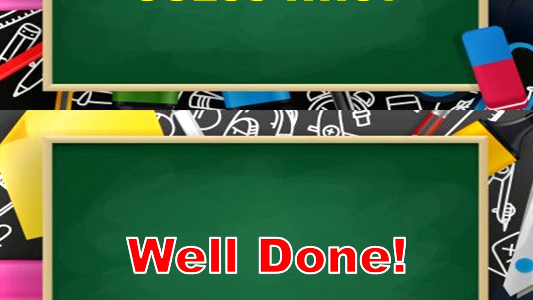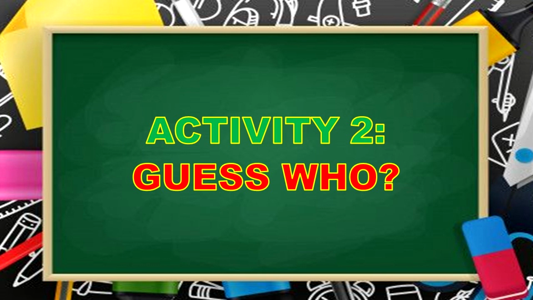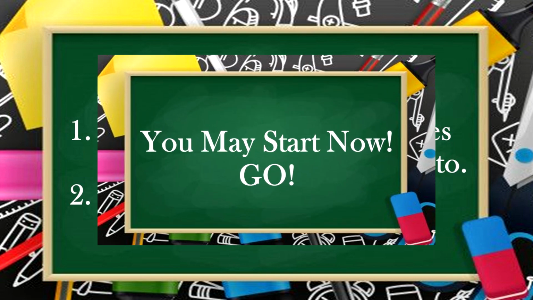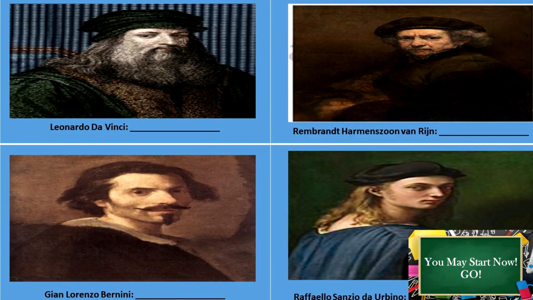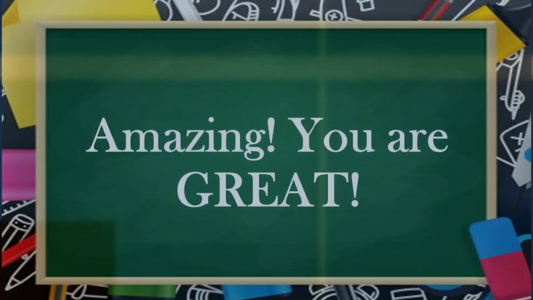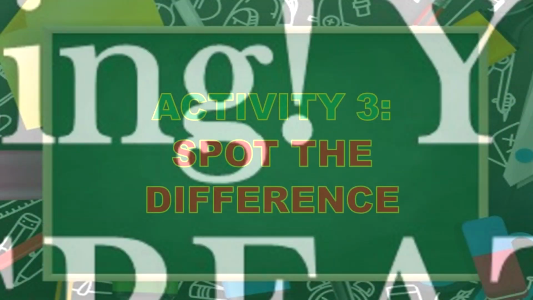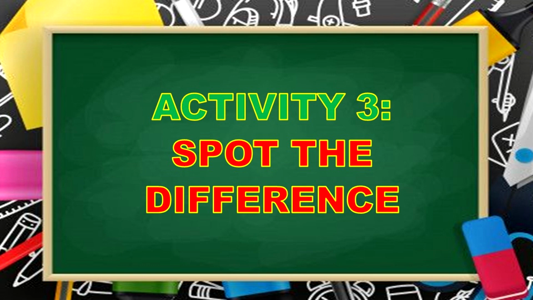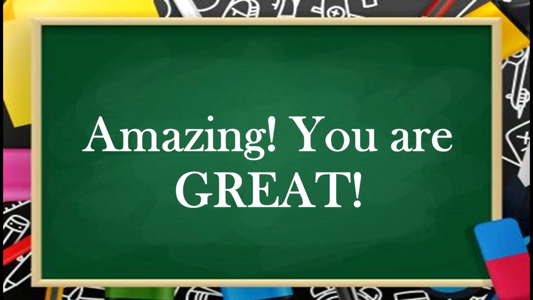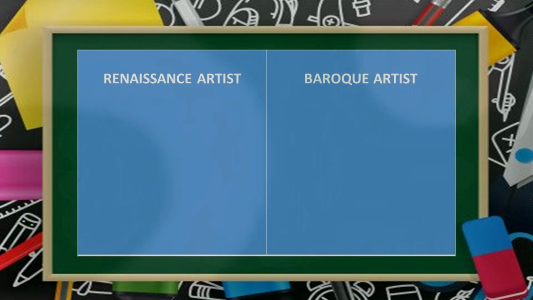Now we will proceed to activity 2. Guess who? Direction. Identify what period the following artist belongs to. Number 2. Write your answer in the space provided. You may start now. Go! Amazing! You are great! Activity 3. Spot the difference. Instruction. Identify and describe the artists of each period using a table based on the discussion. You may start now. Go!